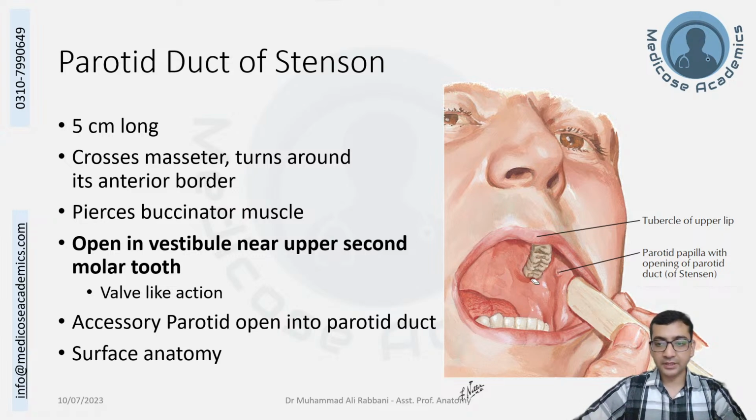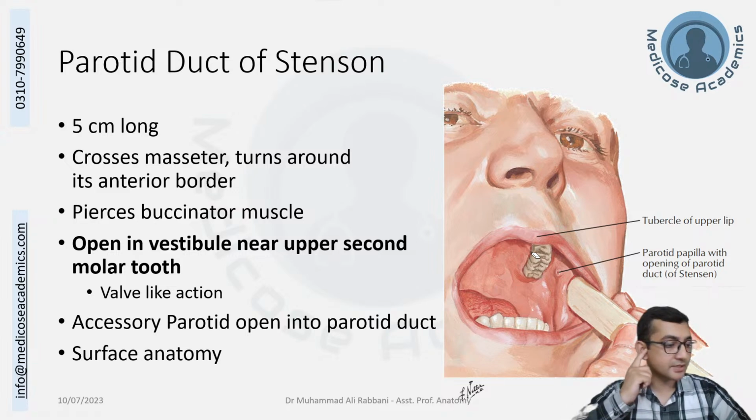And surface anatomy, it is very interesting to see. If you look at your ear, there is the tragus, and the antitragus, and between them there is the intertragic notch. And at the midline, this is called the philtrum.